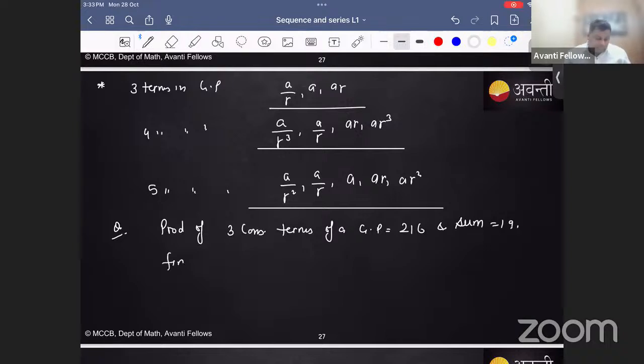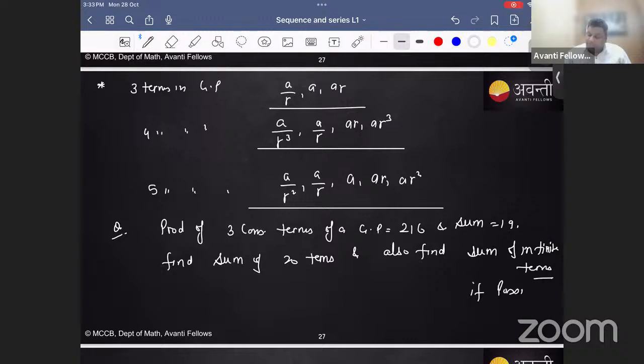Find the sum of 20 terms, and also find the sum of infinite terms, if possible. Yes, give it a try.